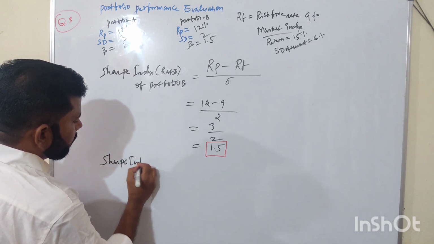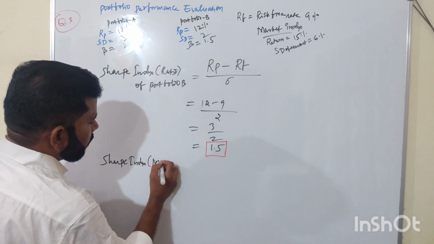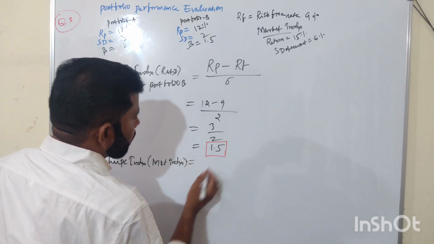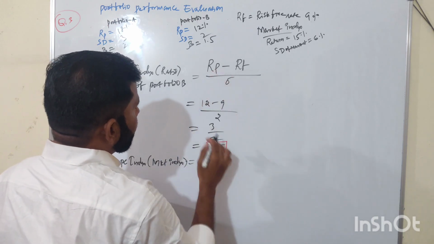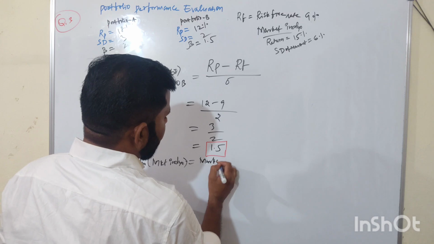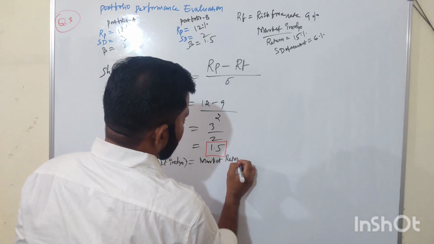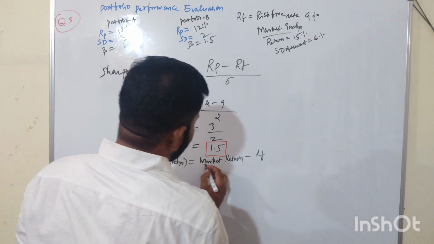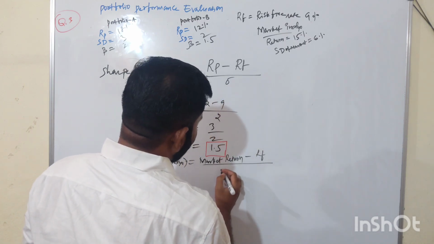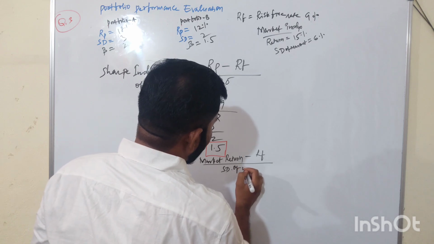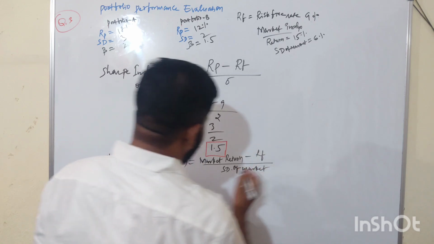Sharpe index, in brackets market index. Let's calculate. So instead of RP we should take the market return minus RF divided by the standard deviation of the market. Like this we have to take.